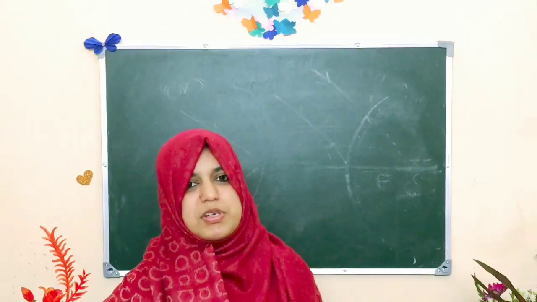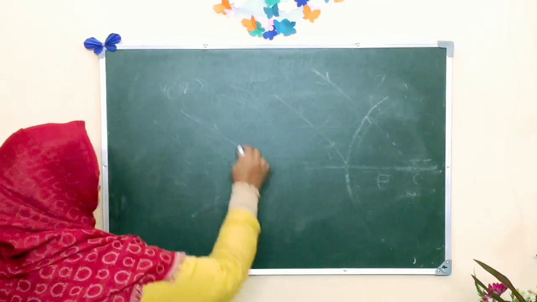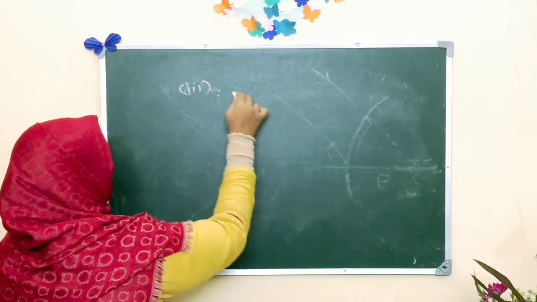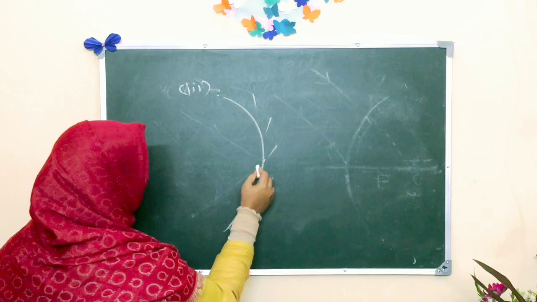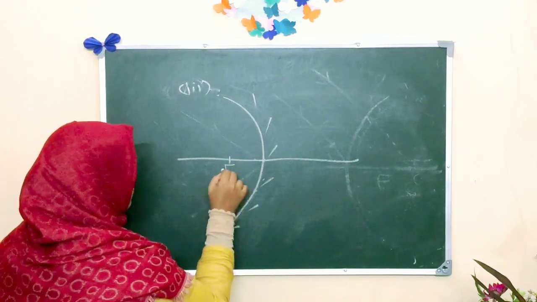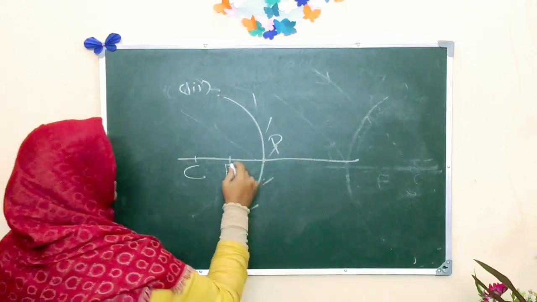Next is the third rule. In the ray diagram I will show you. Concave mirror, principal axis, focus, center of curvature, pole.